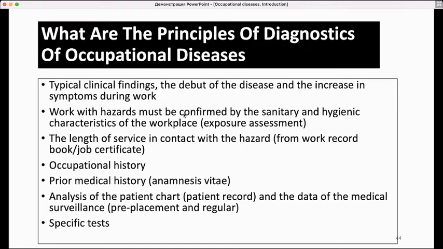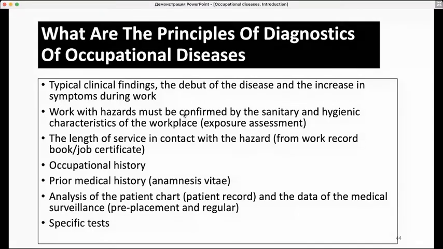Then we need to keep in mind occupational history, prior medical history, or anamnesis vitae. In this part of the interview, we need to establish that before starting work, the employee must be clean of this disease.